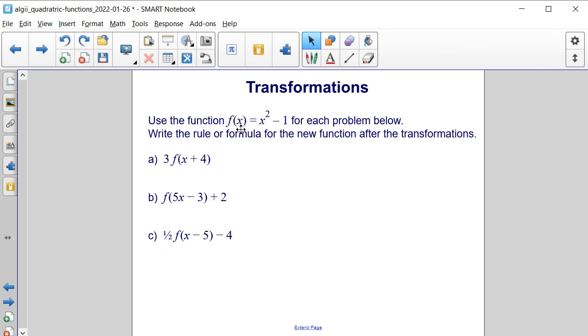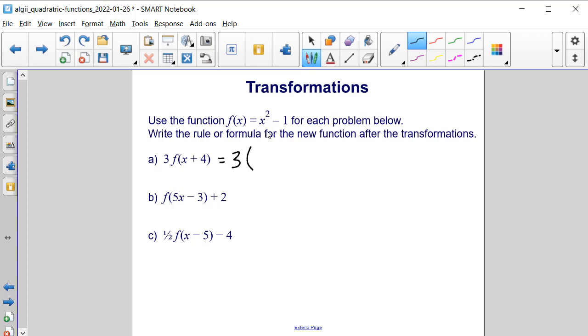Use the function f of x, which is equal to x squared minus 1, for each problem below. Write the rule formula for the new function after the transformations. Okay, so our first one that we have here is 3 times f of, and then in parentheses, x plus 4. So we are going to place a 3 outside of our entire function, and then whenever an x occurs, we're going to substitute x plus 4 in its place. So we have x plus 4 squared minus 1.